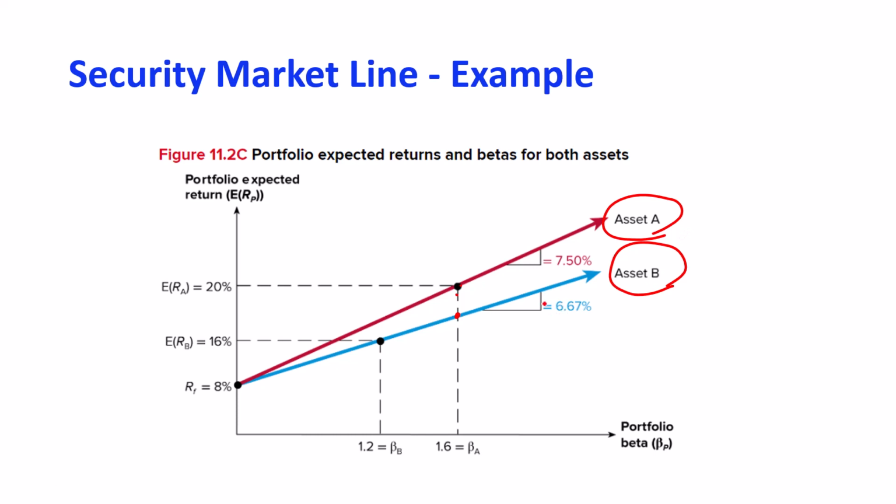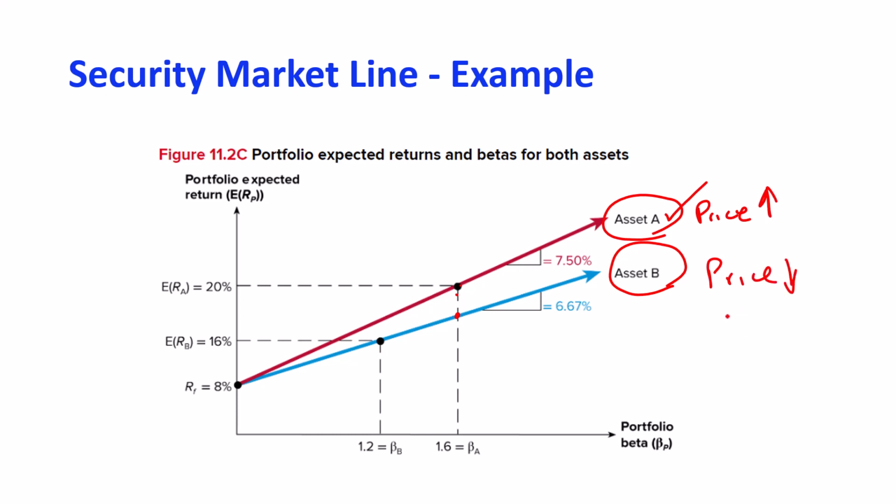So what happens in this case is that in a well-organized and active market, because investors are evaluating different assets all the time, they will see that asset A provides higher expected return for a given level of systematic risk. So what they do, they're all going to buy asset A and sell asset B. In other words, they will drive the price of A up and the price of B down.